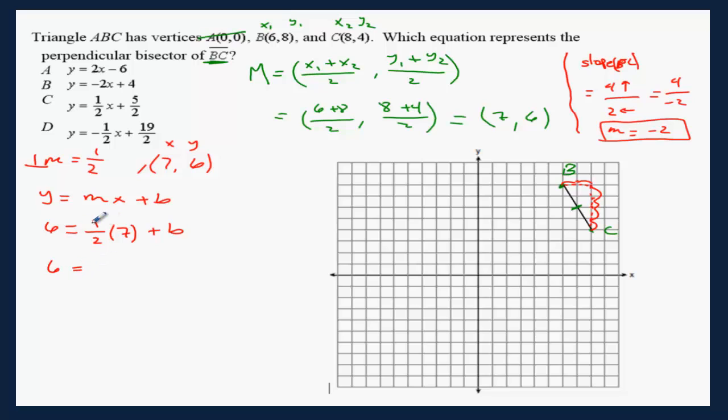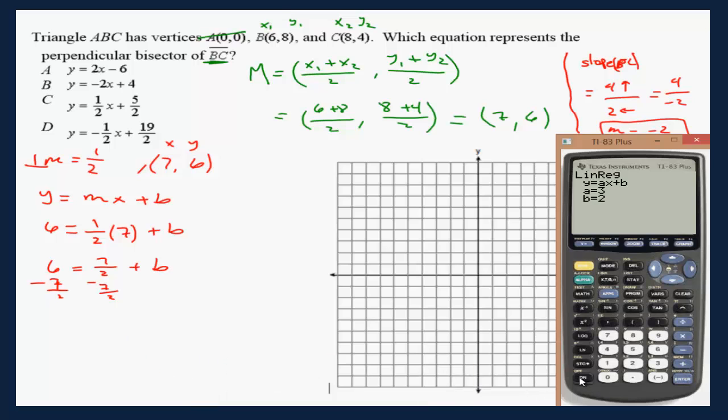6 equals 7/2 plus b. Now subtract 7/2 from both sides. 6 minus 7/2, or 6 minus 3.5, equals 2.5.